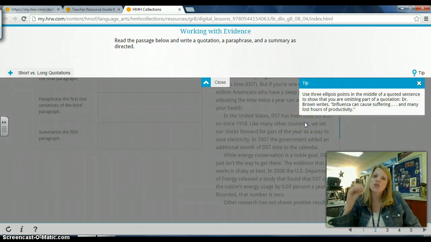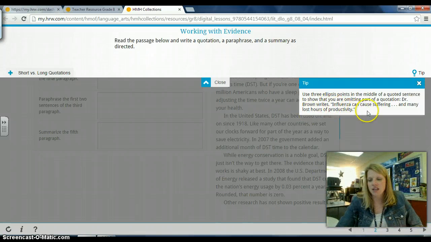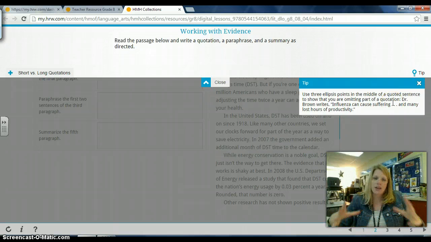You can use the ellipsis to delete part of the quote that isn't necessary. That's the whole point. The example here is influenza, it can cause suffering and many lost hours of productivity. So whatever part they omitted here obviously wasn't that important to the topic at hand. Feel free to use that strategy.